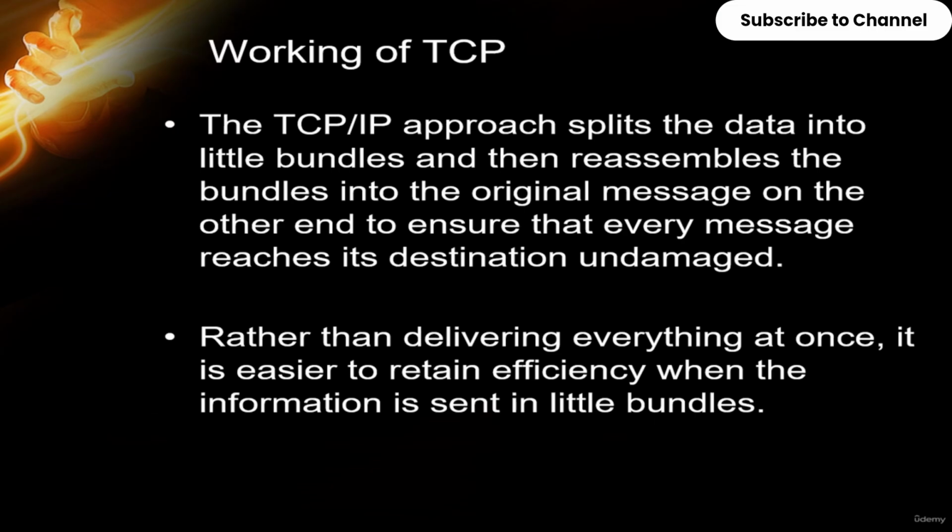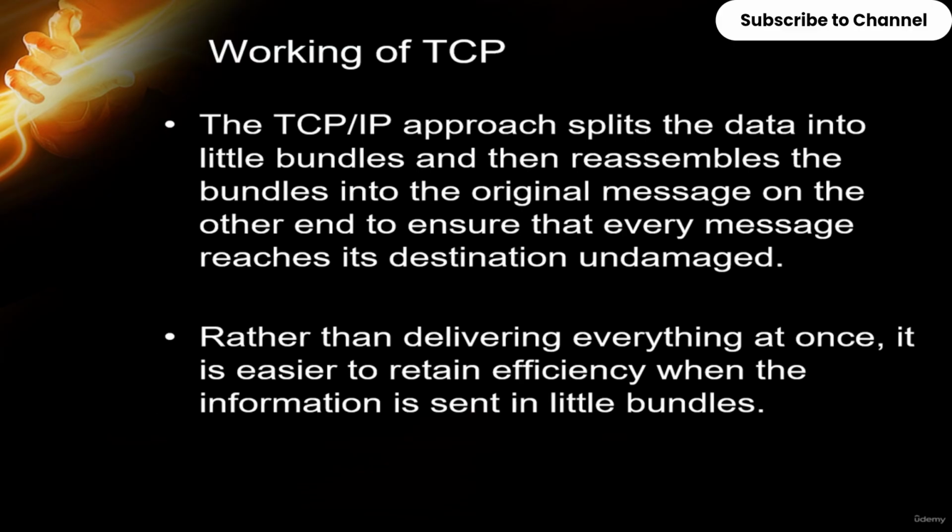So how is TCP working? TCP works with data in a bundle, assemble and reassemble manner. Initially, the original message is arranged in bundles, and these messages are destined to a particular destination with the help of sequence numbers.